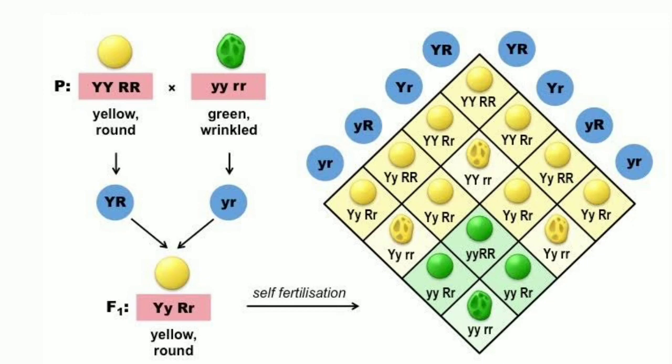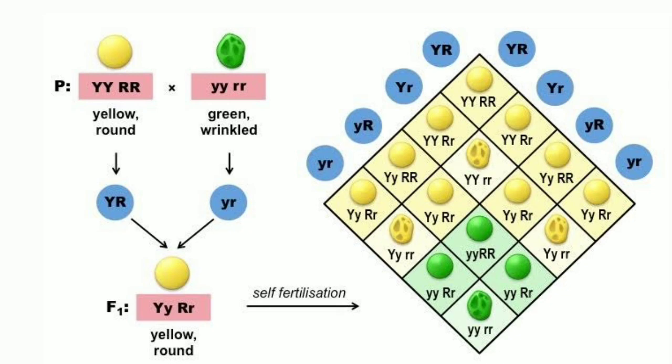Now when this F1 generation is allowed to self-fertilize or self-pollinate, this Punnett square can be obtained, and this is the probability of occurrence of the individuals that Mendel got in his experiment. In the F1 generation, from one individual, 4 types of gametes will be formed: capital Y capital R, capital Y small r, small y capital R, and small y small r.